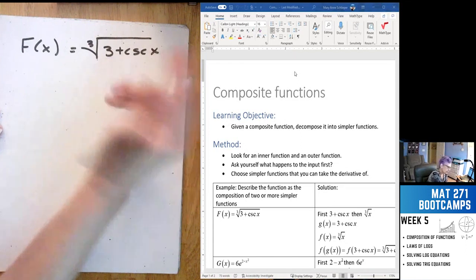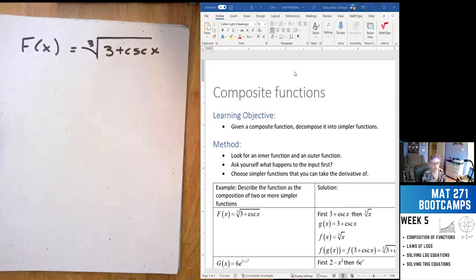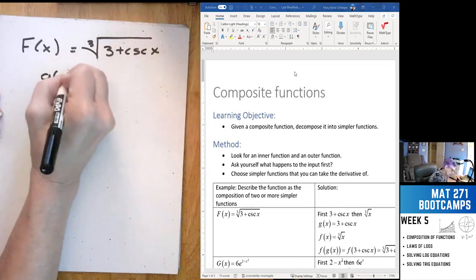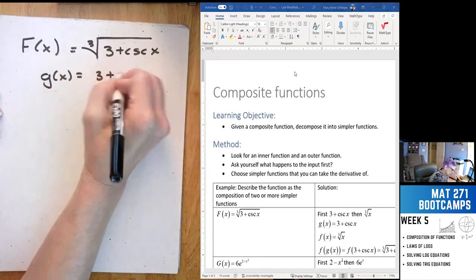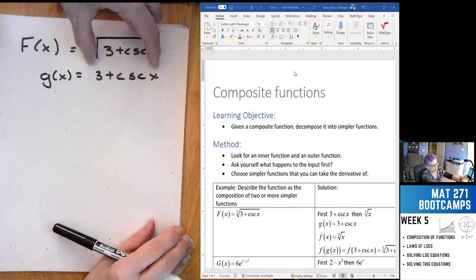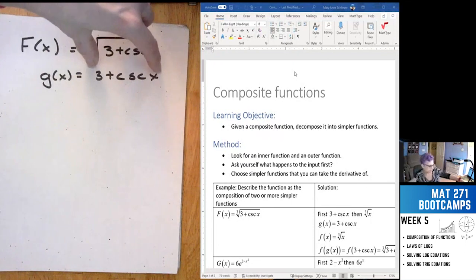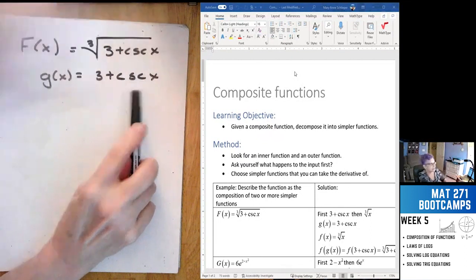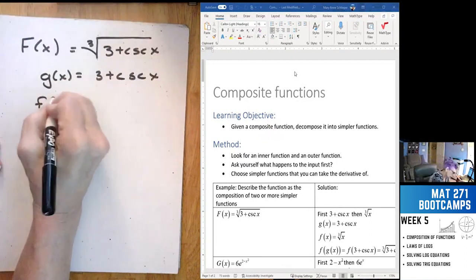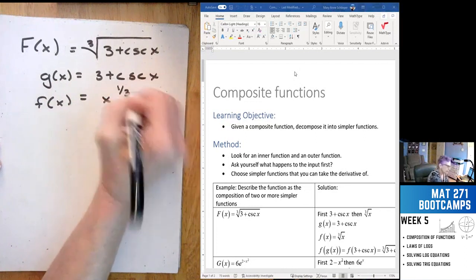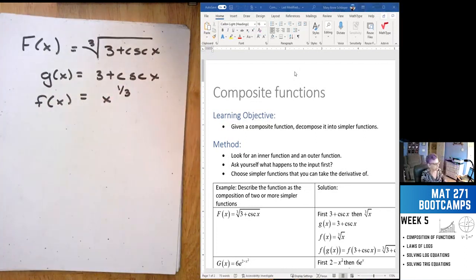So you could actually divide this into 3 functions if you wanted to, but just saying that g of x is equal to 3 plus cosecant of x. And since we are relating this back to calculus, this is something you could easily take the derivative of. And then f of x is the cube root, or x to the 1/3.